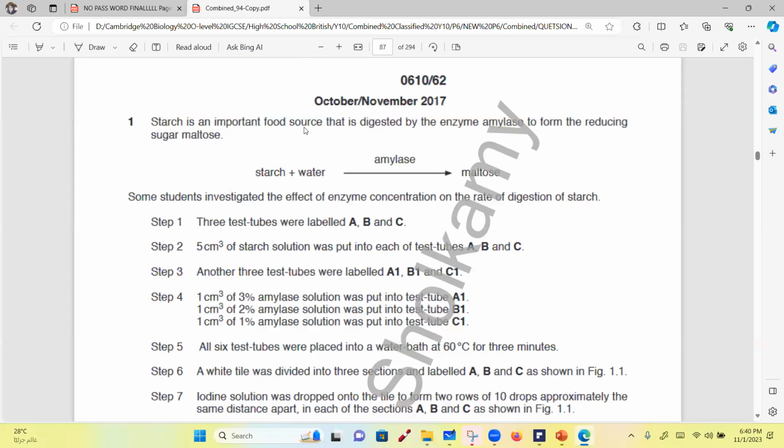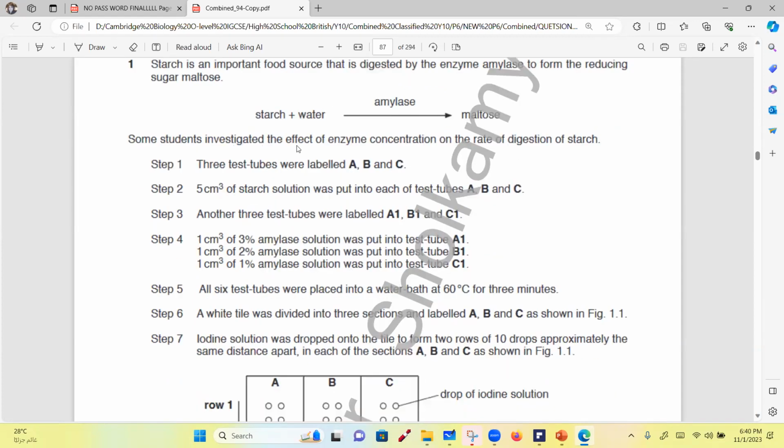Starch is an important food source that is digested by the enzyme amylase to form the reducing sugar maltose. So starch plus water in the presence of the enzyme amylase will break down the starch into maltose. Some students investigated the effect of enzyme concentration on the rate of digestion of starch. So before I proceed, what is the independent variable? What did they study? The effect of what? Enzyme concentration.